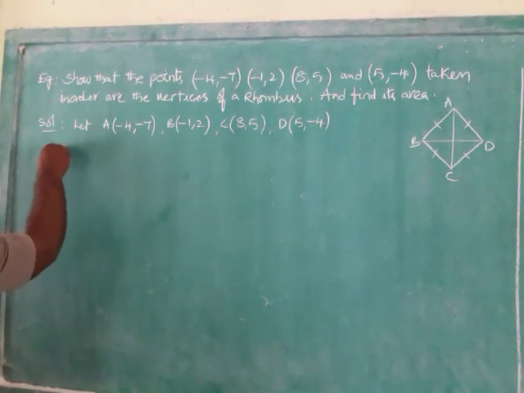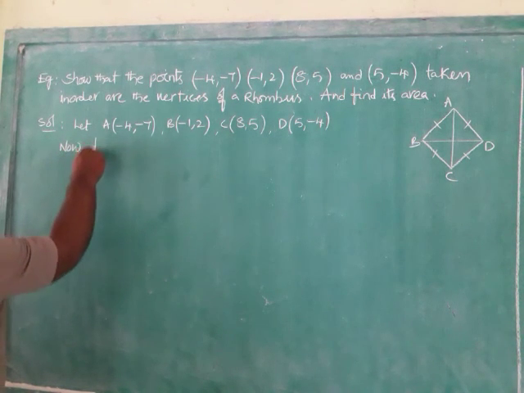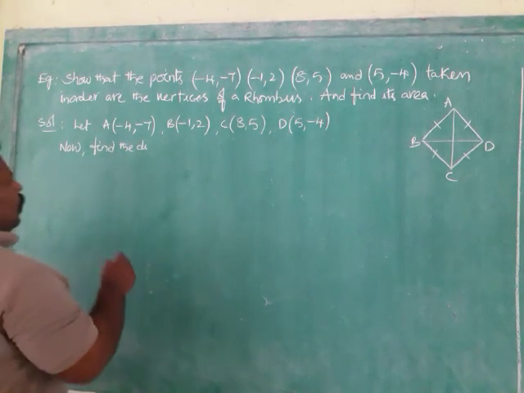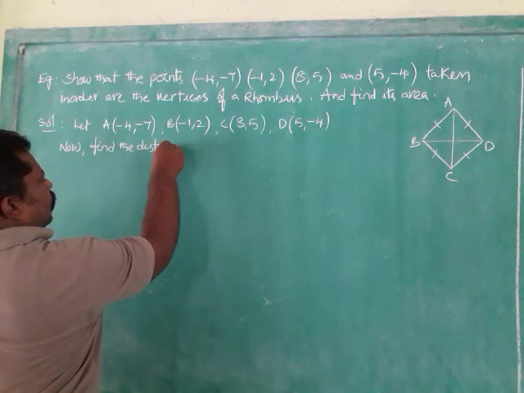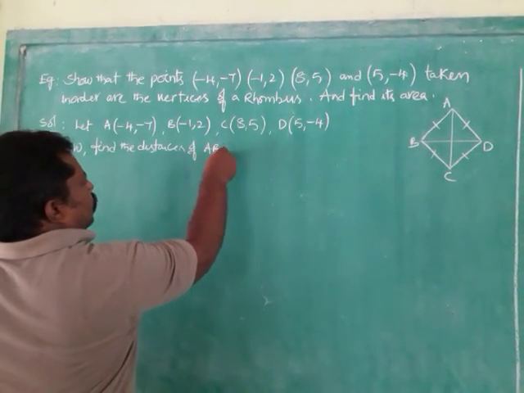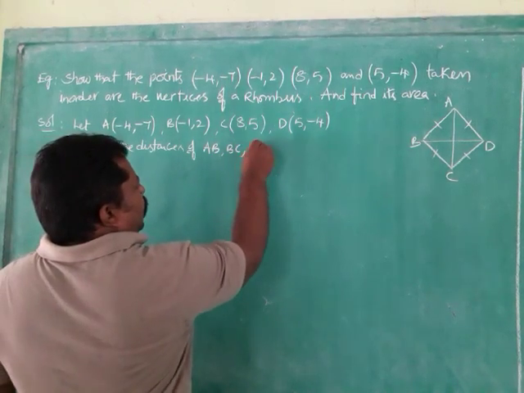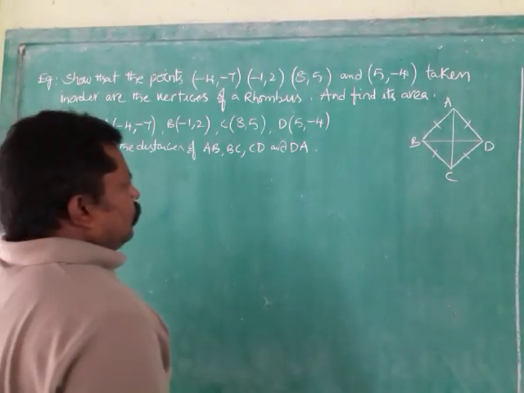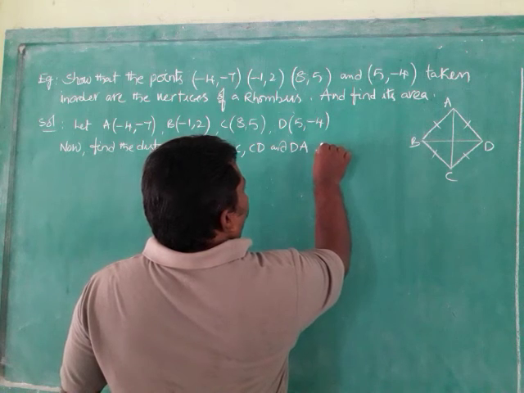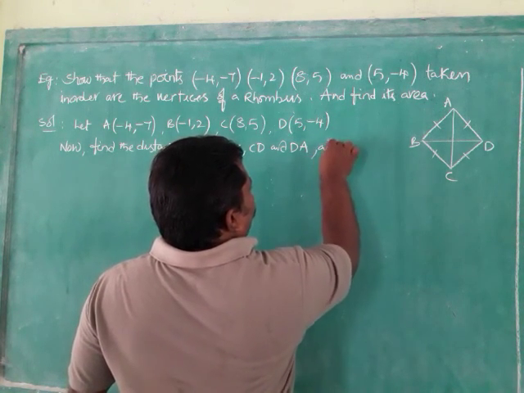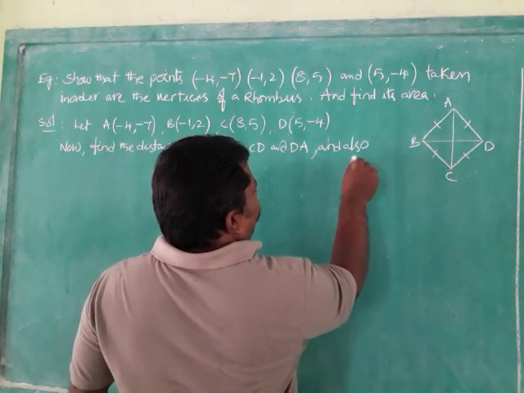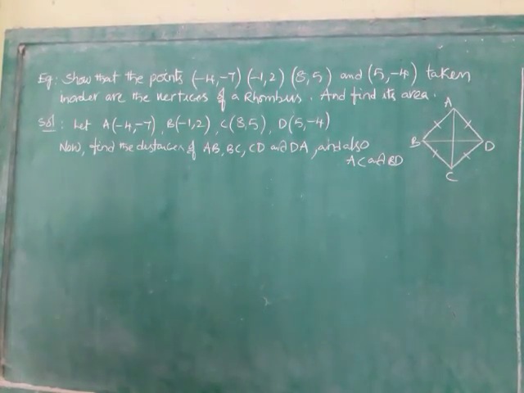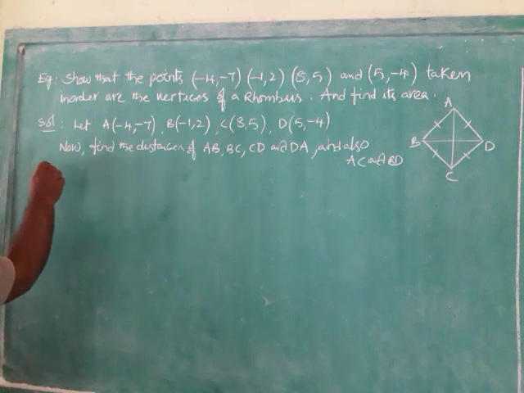Now find the distances of AB, BC, CD and DA, and also AC and BD. Now first one, AB.